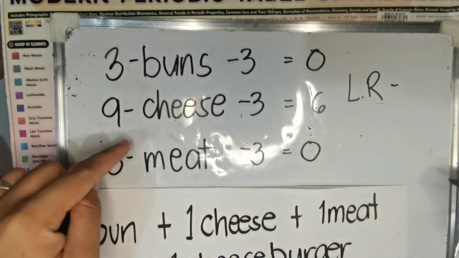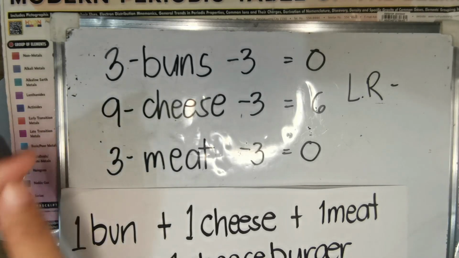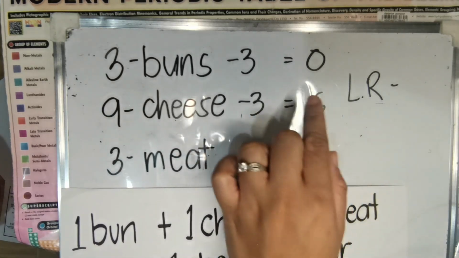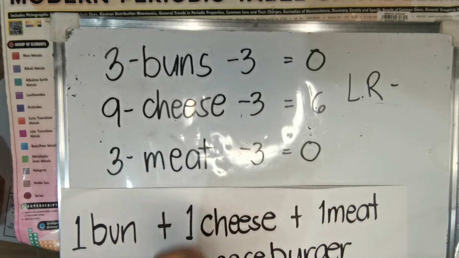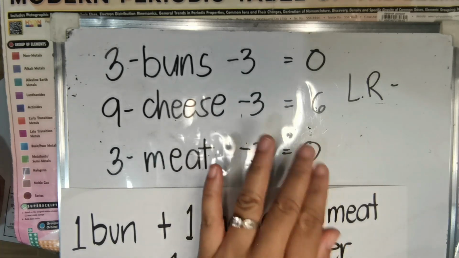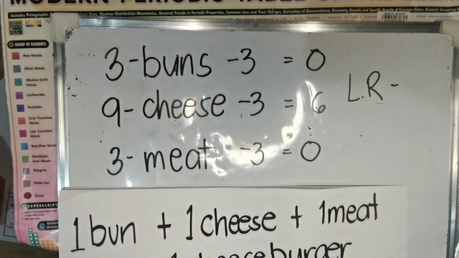Now, the excess reactant o yung sobra from the reaction is the cheese. We still have 6 pieces of cheese. Now, pwede ba tayong gumawa ng cheeseburger out of this 6 cheese? Obviously, not. Kasi, stop na. Wala ng buns, wala ng meat, wala tayong magagawang cheeseburger.